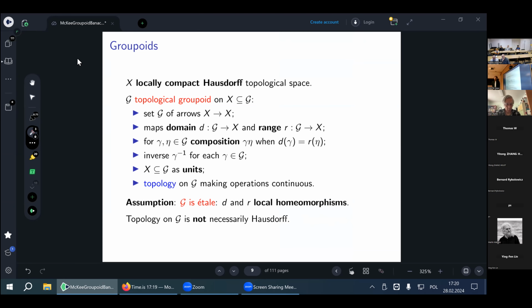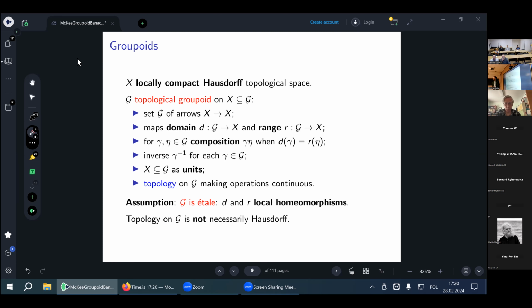So I'll be talking about étale groupoids. That means that these two maps, the range and domain maps, are local homeomorphisms. So for each point, there's an open set on which these maps are homeomorphisms. But this topology is importantly not going to be Hausdorff in general.